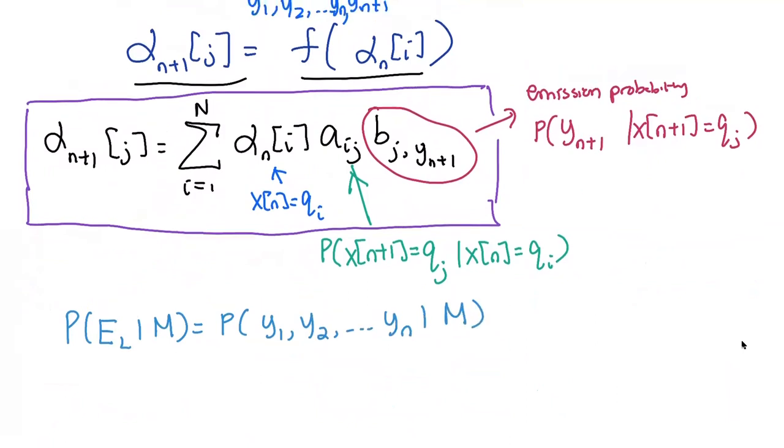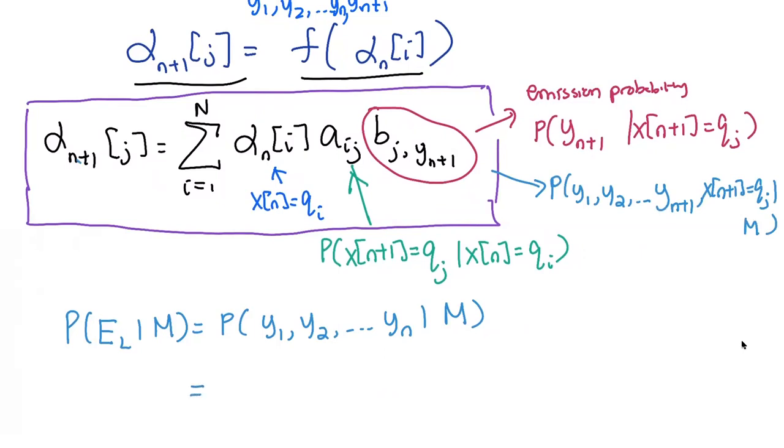So here, what I have, the alpha n plus 1 j at j is the probability of y1, y2, ... yn plus 1, x of n plus 1, qj for my particular model.